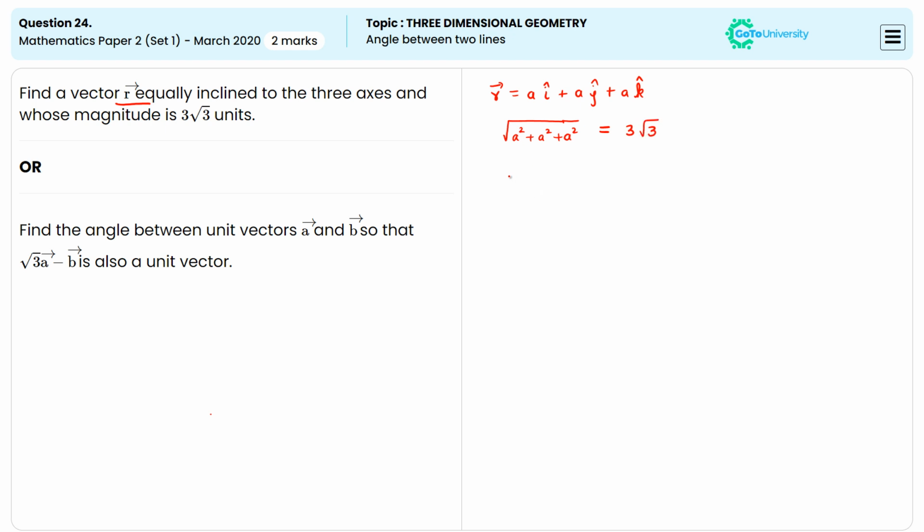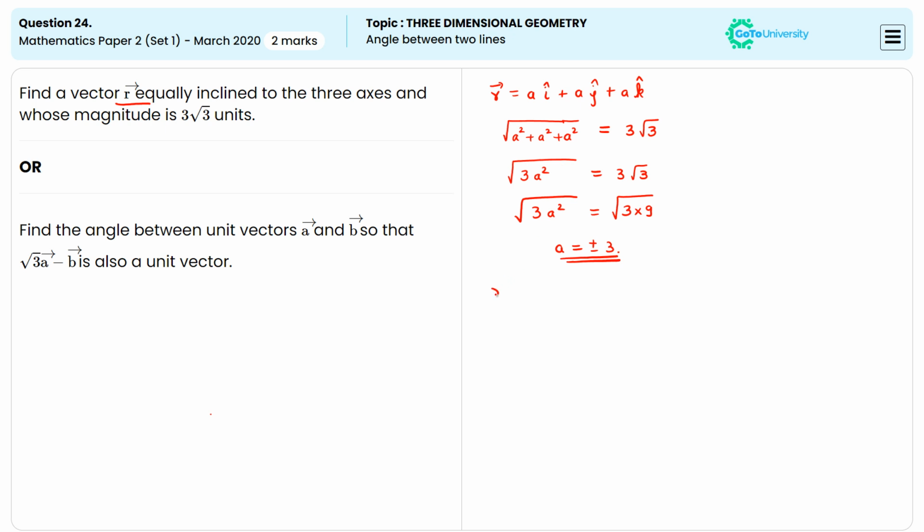On solving this, I'll get root 3 times a square is equals to 3 root 3. On comparing this, I'll get root of 3a square is equals to root of 3 times 9. With this, I can say a square equals 9 or a equals plus or minus 3.